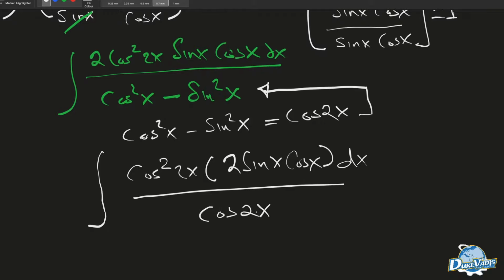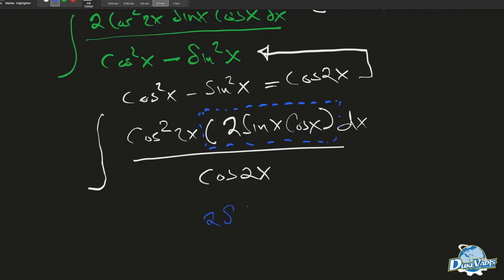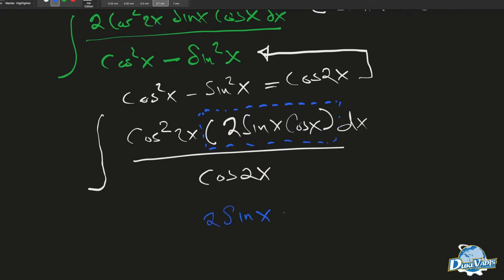If we look at it very well, we will see that sine x cos x can be written as sine 2x.